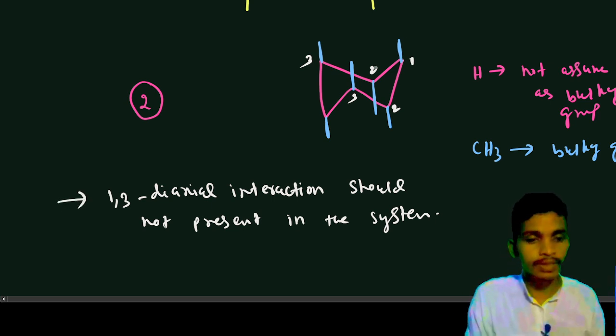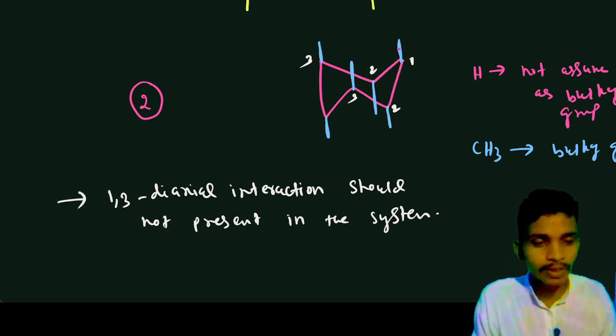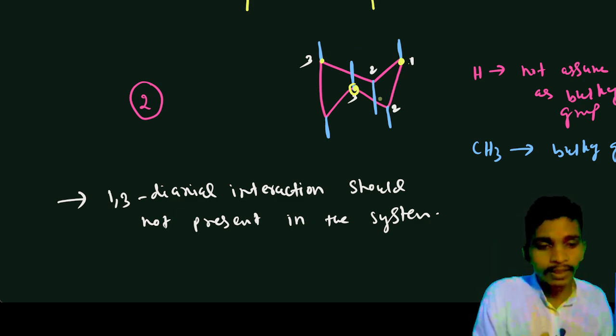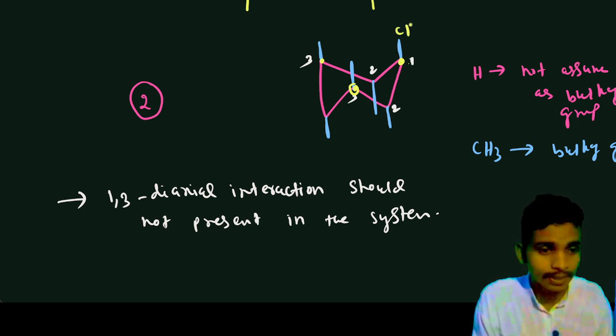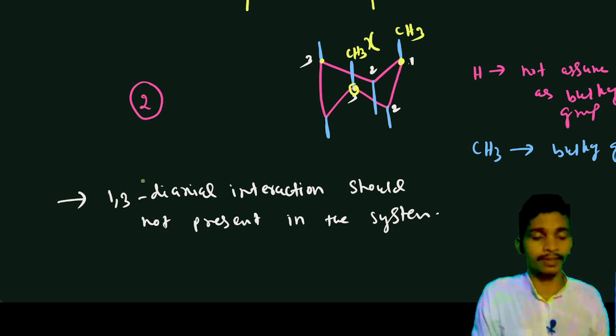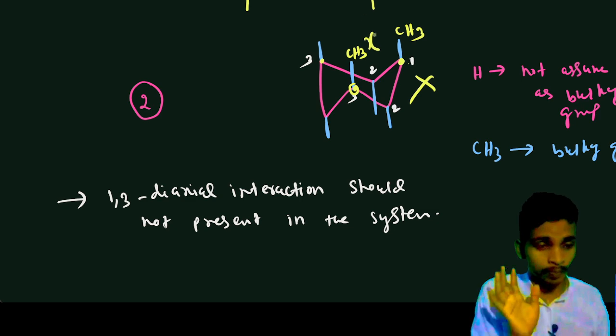What I'm saying is that at the 1 position and the 3 position, in this 1,3, there should not be a bulky group. Suppose here we have CH3, and suppose here also we have CH3, then there will be 1,3 diaxial interactions, and this is not stable. So this type of chair form we can't form.